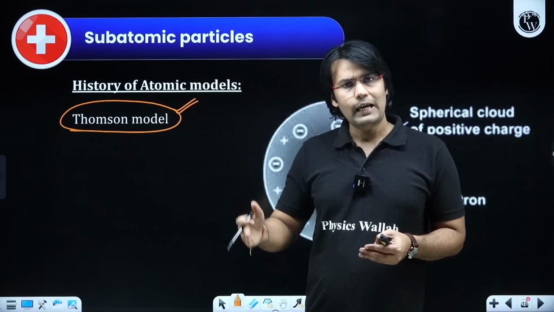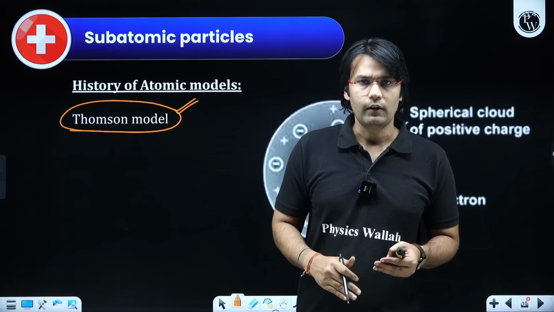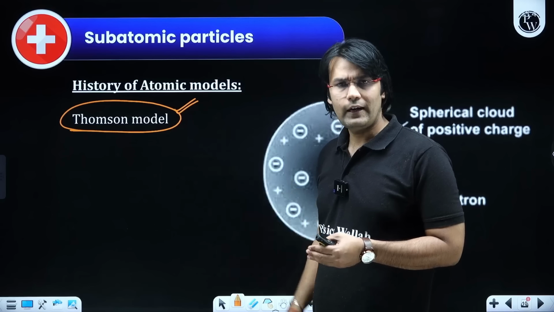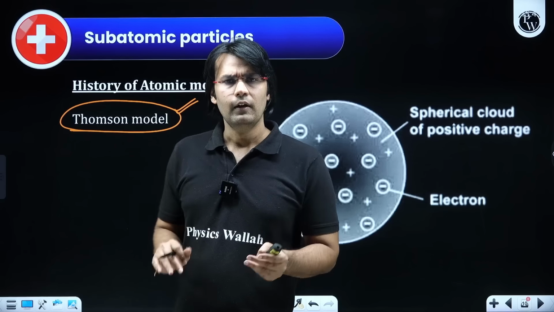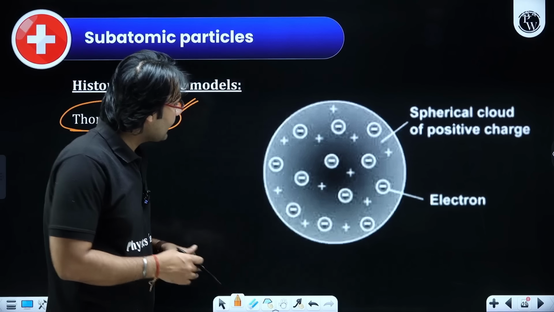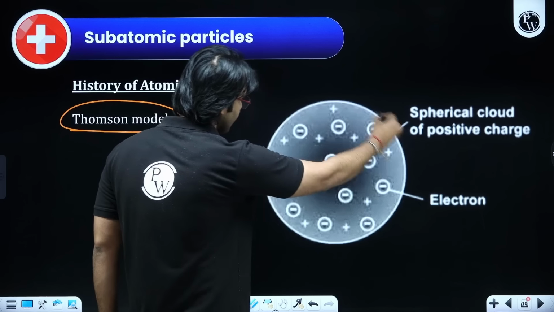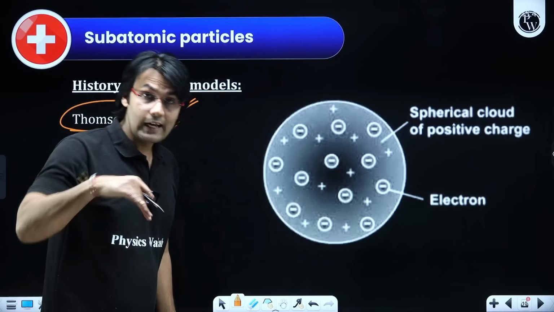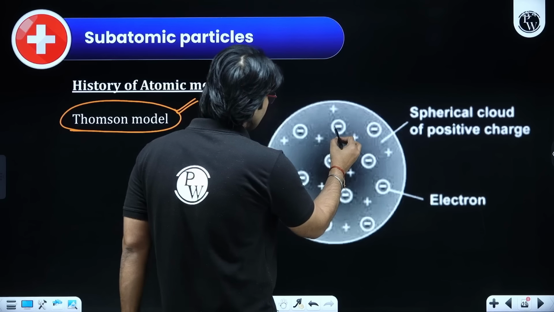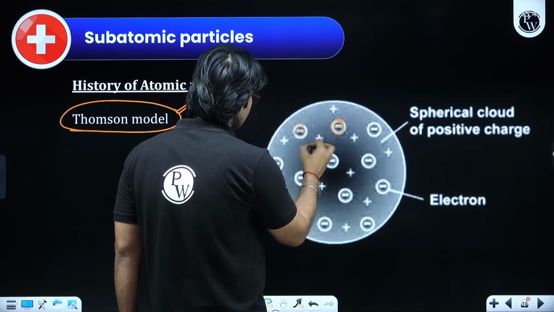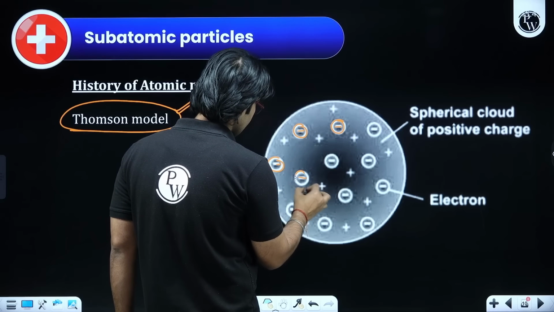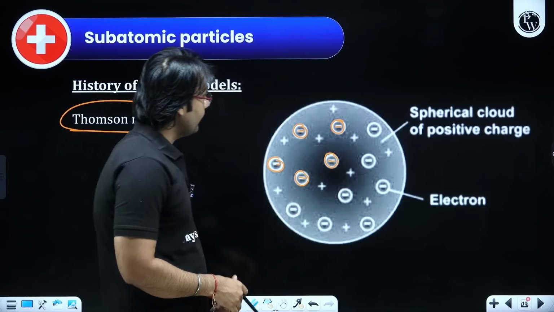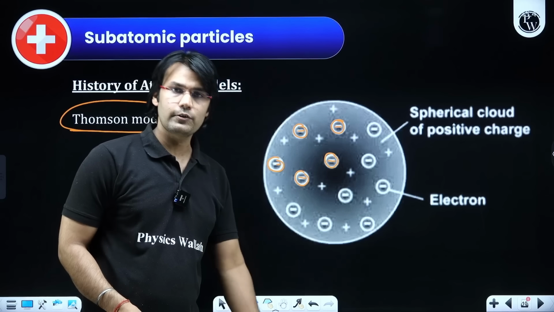So at the same time, J.J. Thomson proposed his own model, and that we call Thomson model of atom. His model was very simple. Thomson said that atom is spherical. Inside the atom, electrons are embedded, and the rest part of atom, he said, is positive.